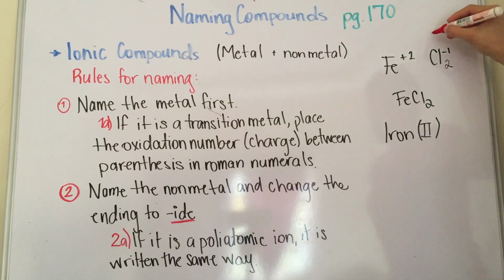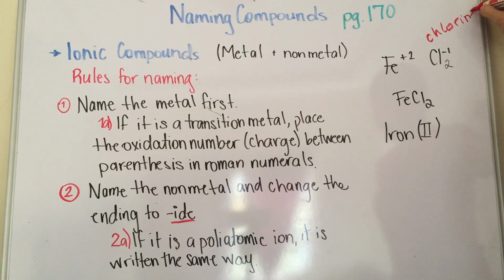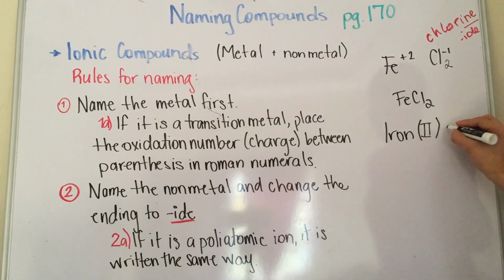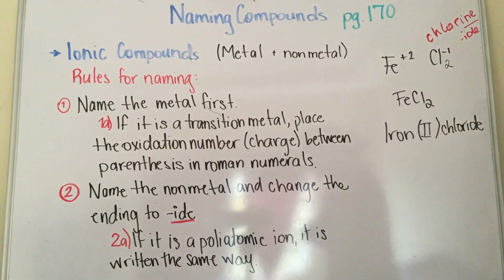I have here chlorine. And I'm going to change the ending to "ide." All right, so this chemical compound is iron chloride. All right, and that's how you name with a transition metal.